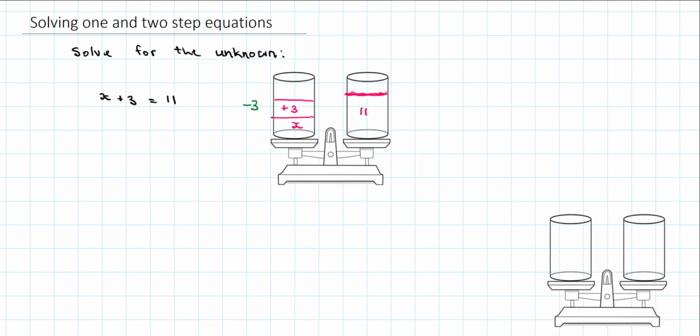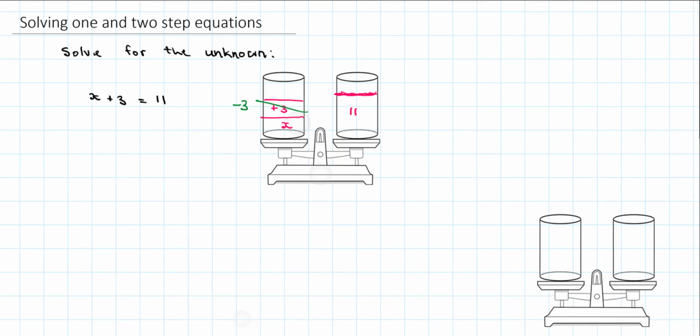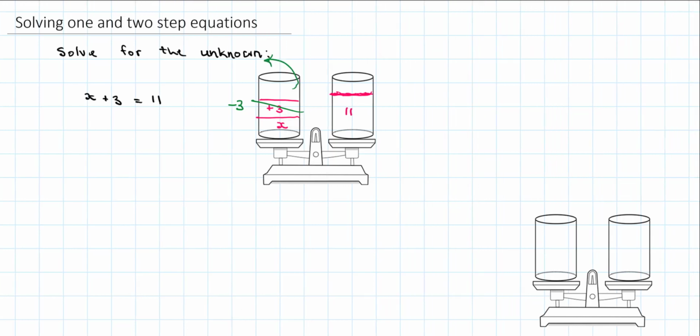So if I take away 3, that will remove the 3 from here. The 3 comes out. We've taken it away. But that will create an imbalance. So I need to take away 3 from here as well, which results in, on this side, 11 minus 3, 8 left over.